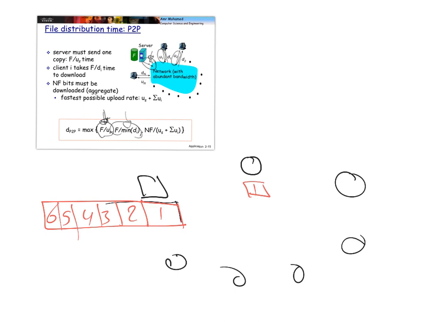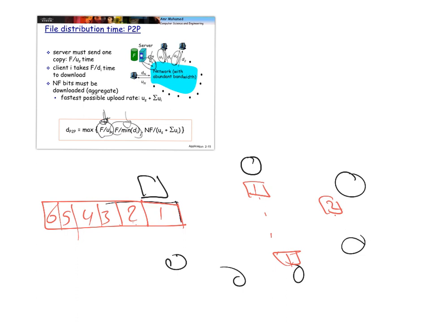The server sends chunk 1 here. In slot number 2, the server may send chunk 2 here, and at the same time, this one will send chunk 1 here. Those two actions happen in one transmission. So the one sent here used which rate?